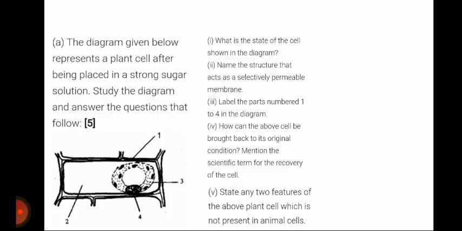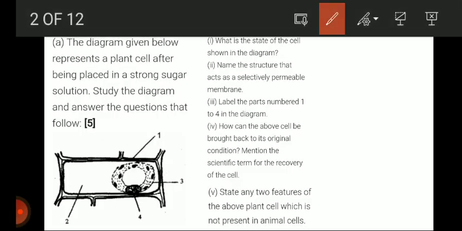Now, the first question is, see, a diagram has been given. The question says that the diagram given below represents a plant cell, and the plant cell is being placed in a strong sugar solution.